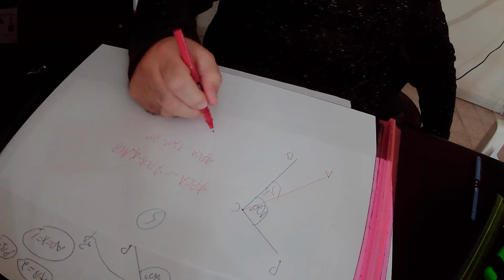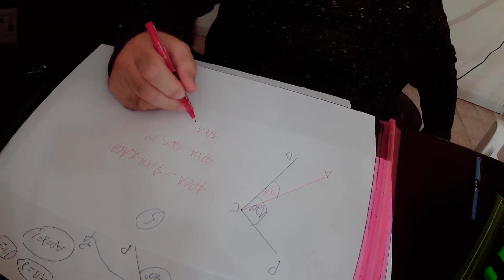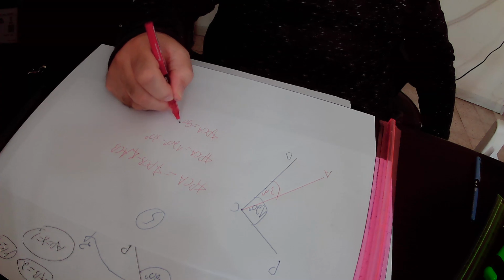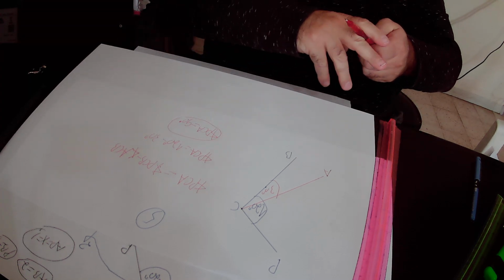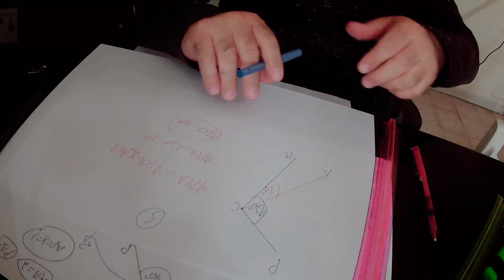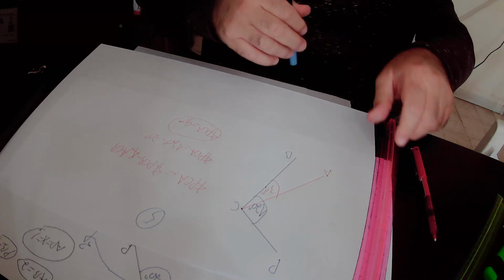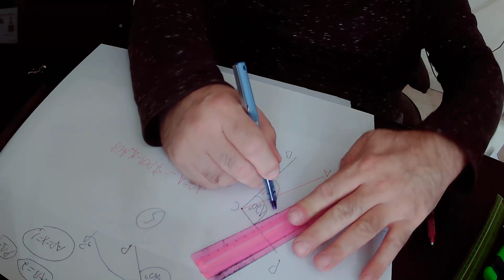So we found out that the missing angle PCA equals 120 degrees minus 30 degrees, it is 90 degrees. So actually the missing angle PCA is a right angle.